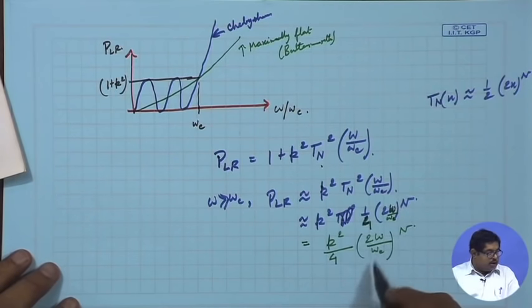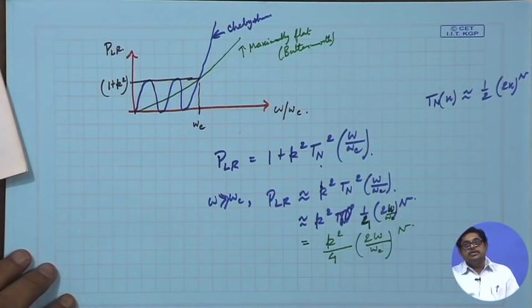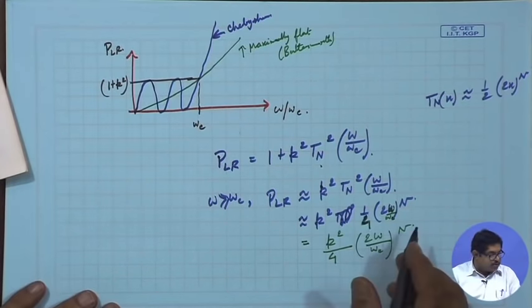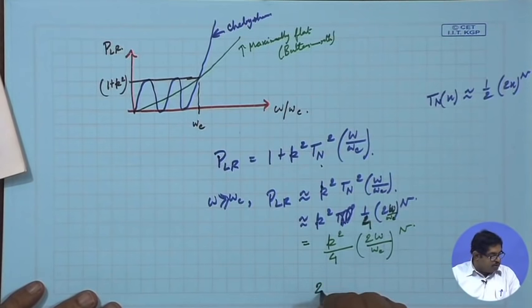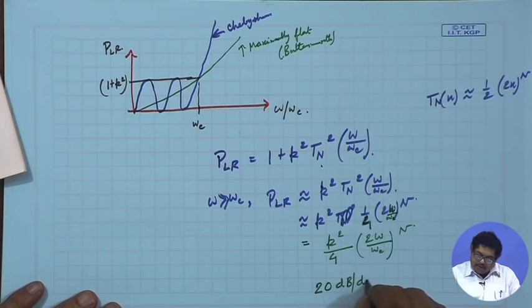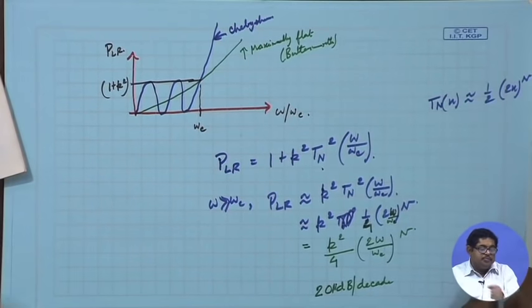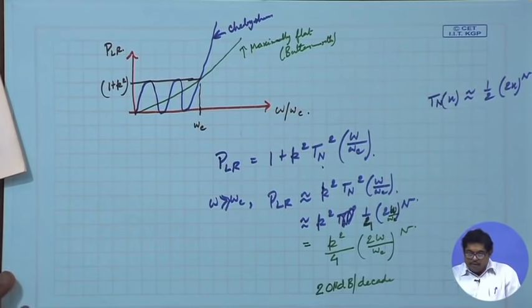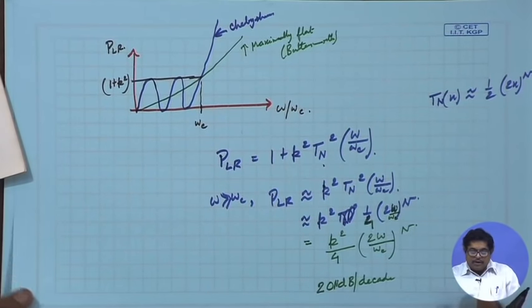So, here you now tell me what the slope is. I came here because I wanted a sharper slope. So, the slope is 20 dB per decade, 20 n dB. So, same as Butterworth. Then you can ask how I am getting it, what is the advantage?